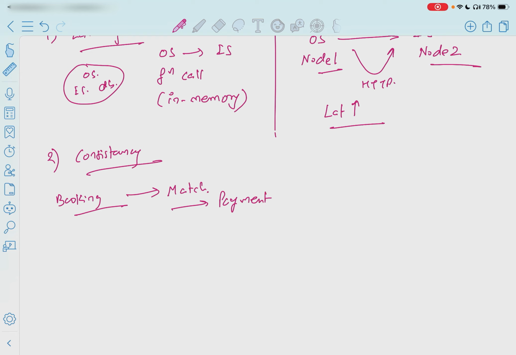I want all of these in an ACID transaction. My intention is if payment has already been done by a particular user, then we have to assign a particular dog walker to the owner. If payment has not succeeded, then we should not assign a dog walker to the owner, right? So basically, this is the ACID property that we are looking into.